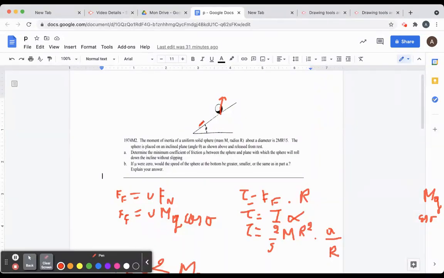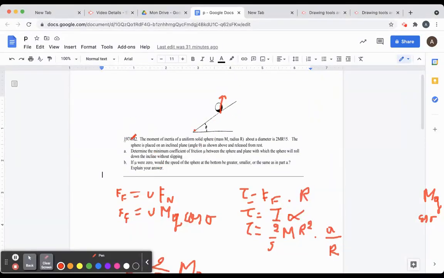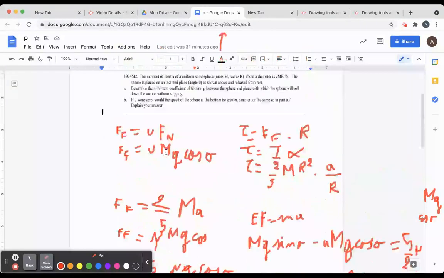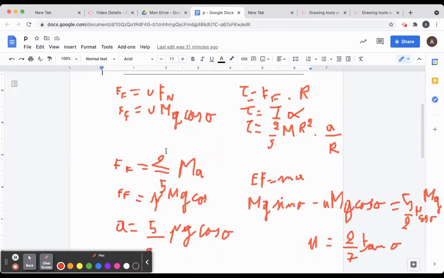So there is no torque, which leaves all the energy going into the velocity and translation. So the speed will be higher at the bottom.